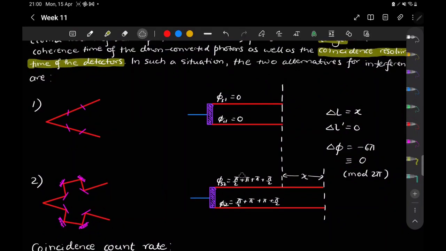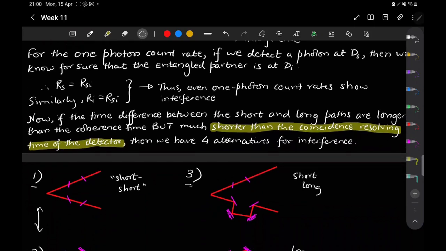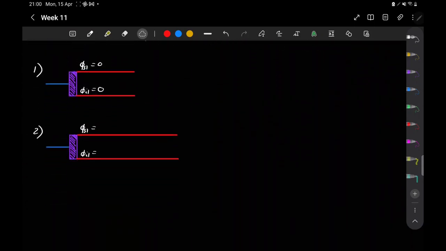And that I had written over here also explicitly, so that makes it 3 pi for the long path. So this is 3 pi.